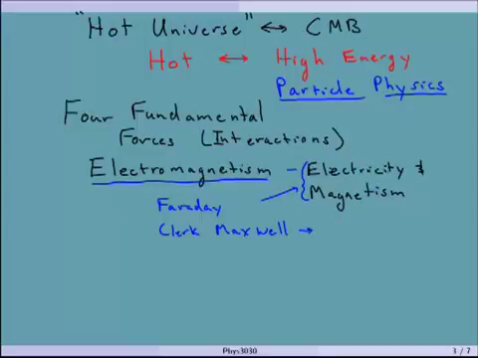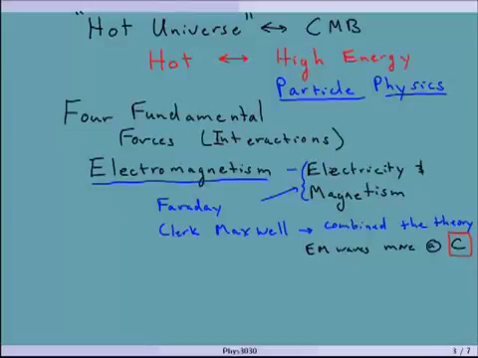He combined the theory into one theory and showed that the electromagnetic waves, so E and M waves, happen to move at our favorite velocity, c. And once the theory showed that electromagnetic waves moved at the speed of light, it was realized that light is electromagnetic waves. That was the real connection there.